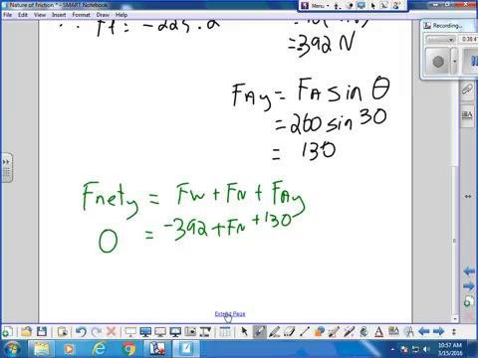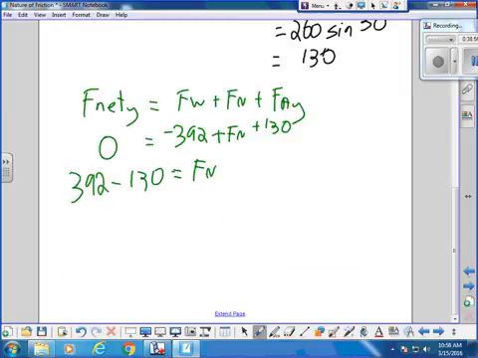So the 392 is going to go to the other side and become positive. The 130 is going to go to the other side and become negative. And you're going to have 392 minus 130. That is my normal force. Fn is 262, right?